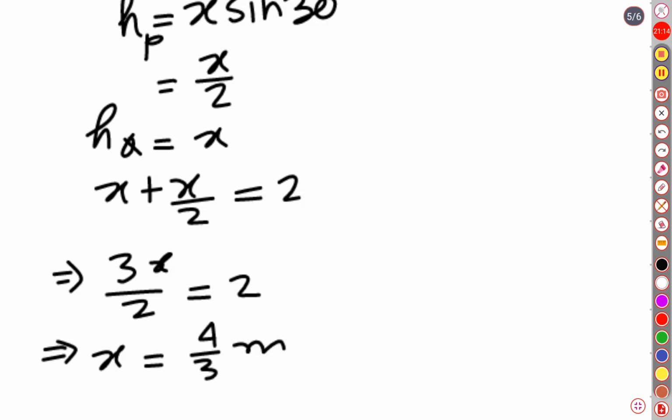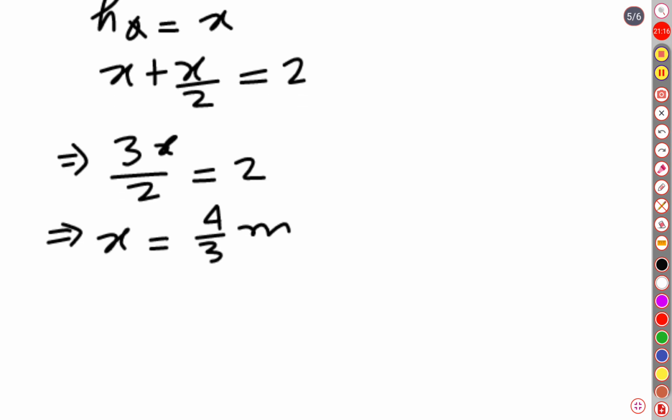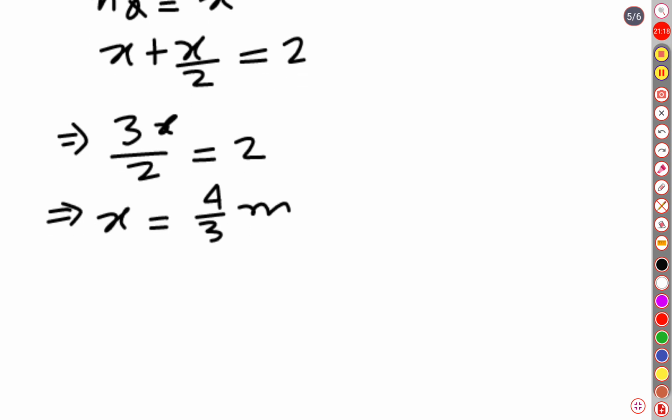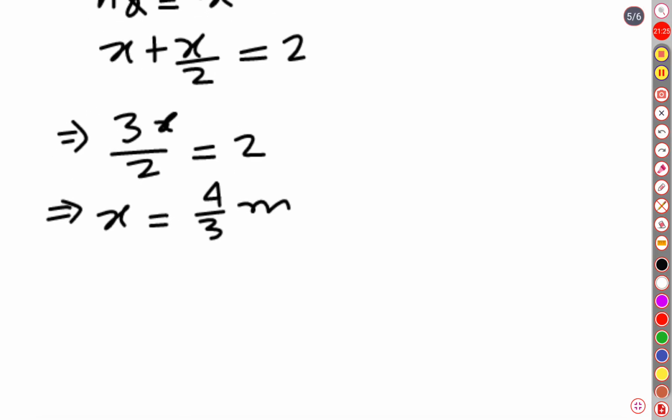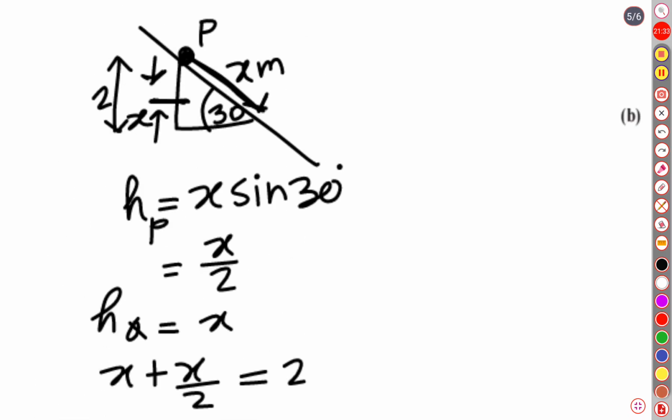So finally, in terms of value, the height traveled by P, that means the final height of P: P was moving down, so the final height must be in terms of this reference value. As it is moving downward, P has a negative value.